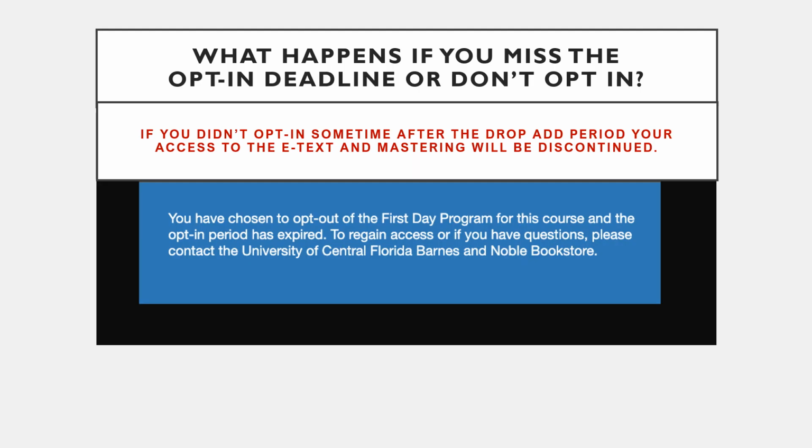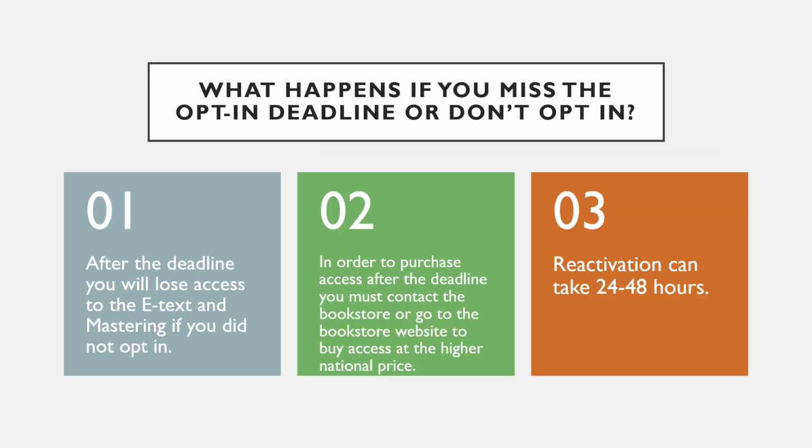student account. So what happens if you miss the deadline or you don't opt in? Eventually, you're going to lose that open access to the e-text and Mastering because it will be discontinued. And you'll see a screen something like this pop up. At this point, the only way to regain access is to go to the bookstore or the bookstore website.